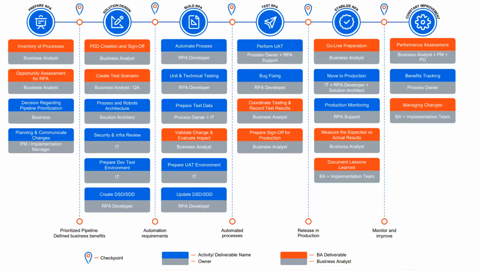It requires benefit tracking by the process owner, which is nothing but the person who is owning that particular process. And then the BA plus the implementation team or implementation manager and a PM work together to discuss whether we need to keep this bot running in production, or do we require some changes, or do we need to shut down this bot and retire it? All those discussions will happen here.